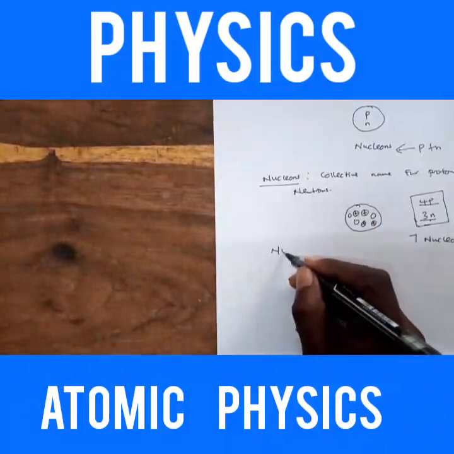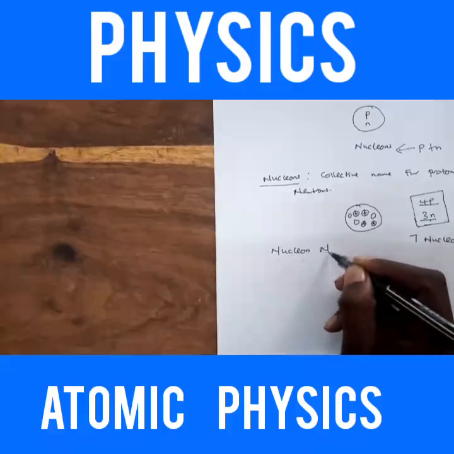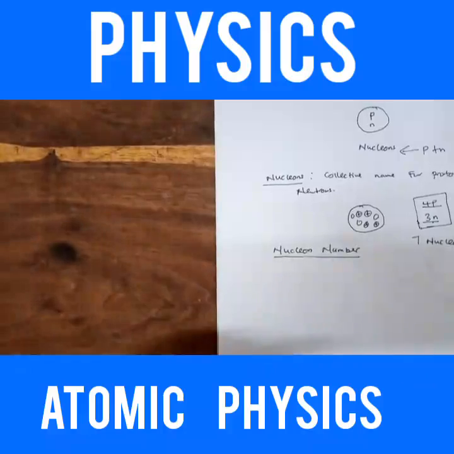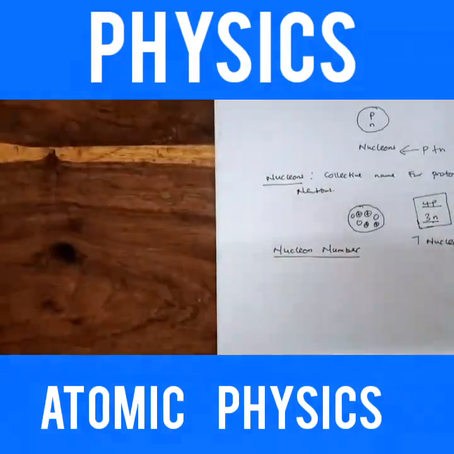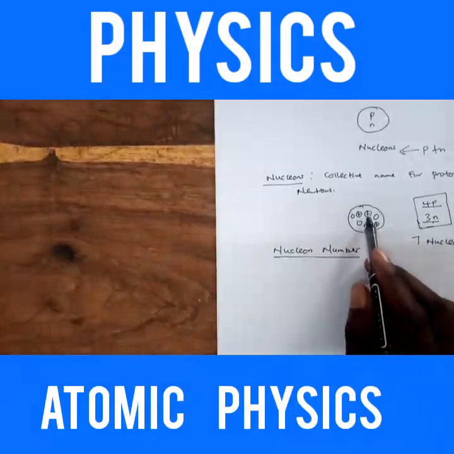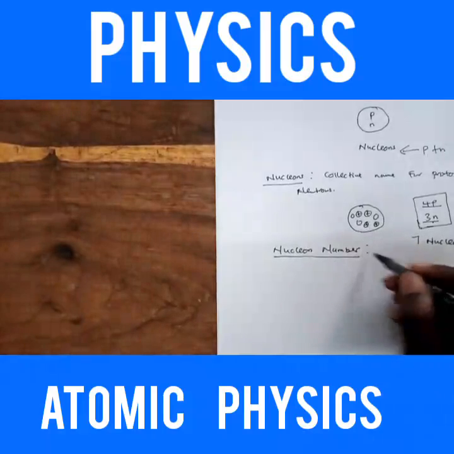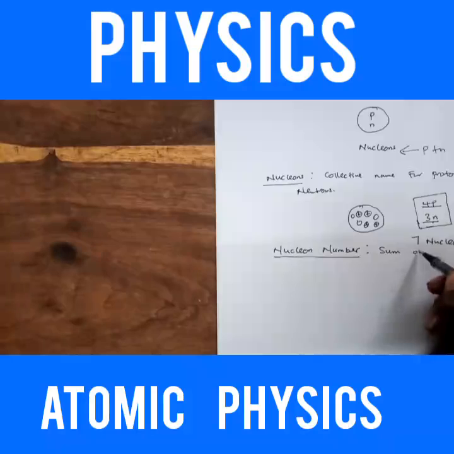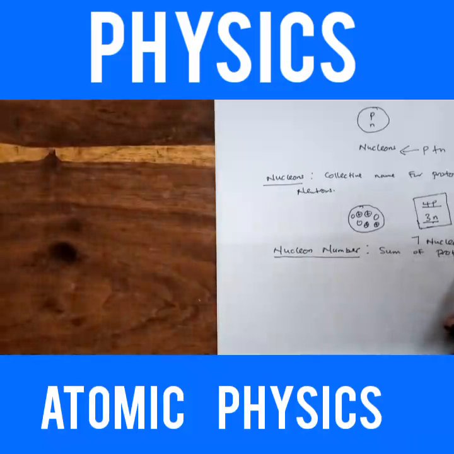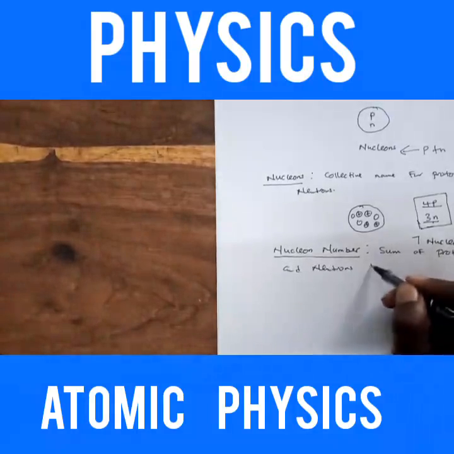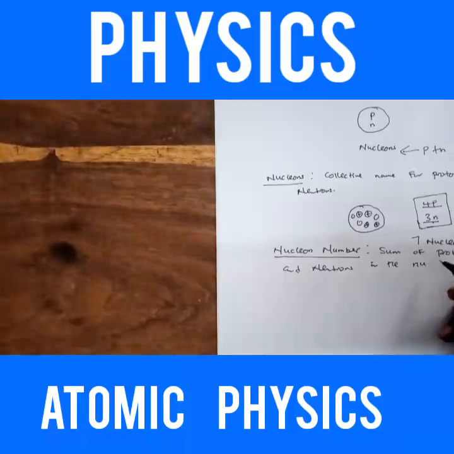So I can have something called nucleon number. When we talk about nucleon number, we're talking about the number of nucleons. Now these nucleons are simply the protons and the neutrons. So nucleon number is simply the sum of protons and neutrons in the nucleus of an atom.